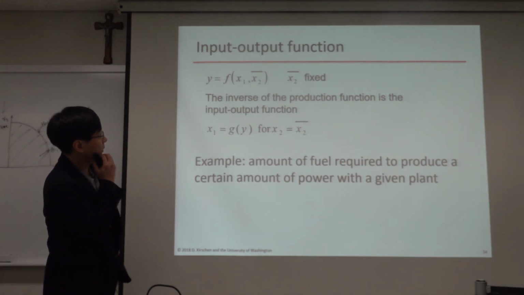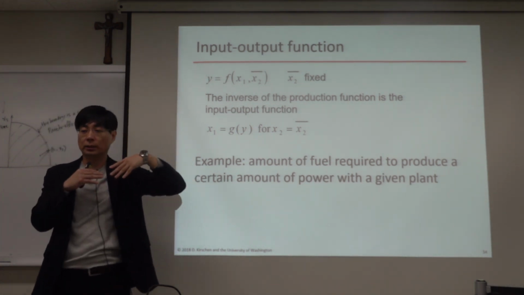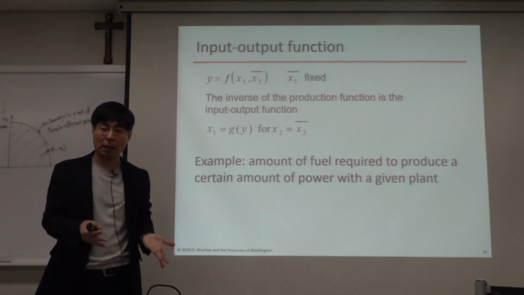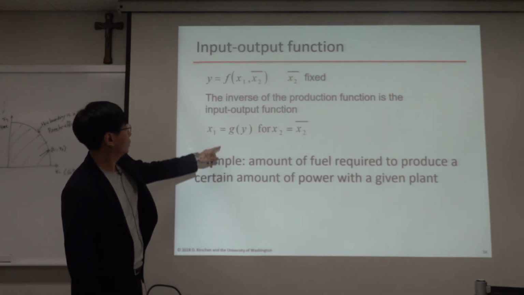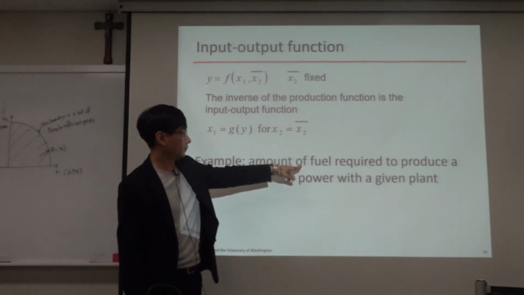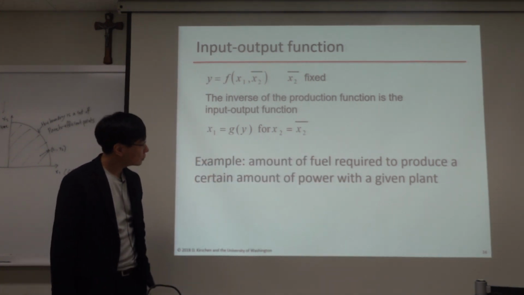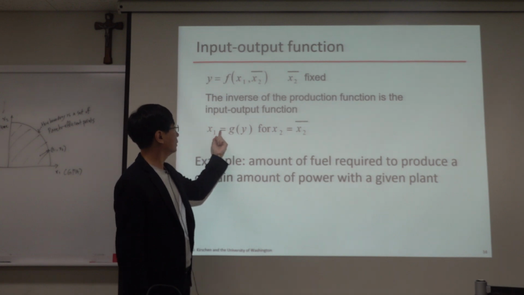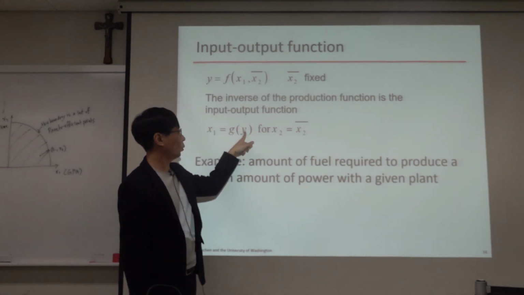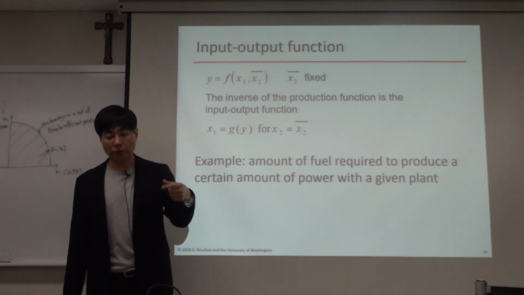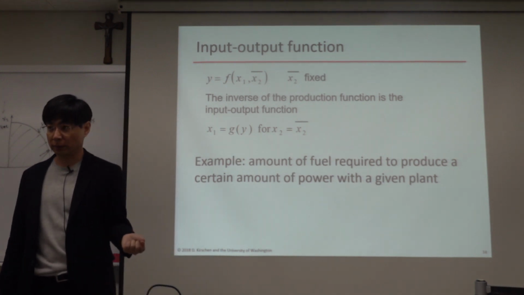So for example, when y is the output power of a power plant and x1 is the fuel required to produce a certain amount of power, then to generate y amount of power, how much fuel do I need to consume?